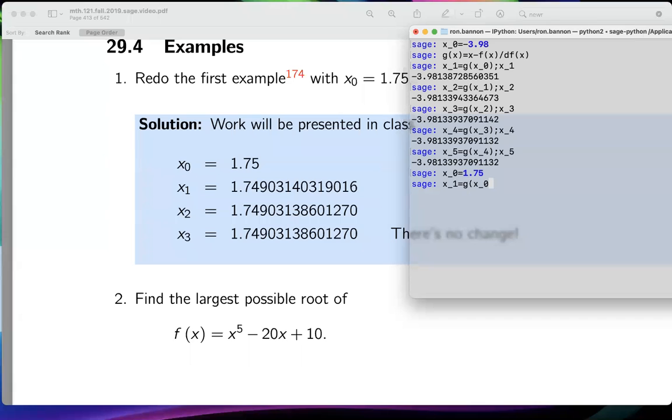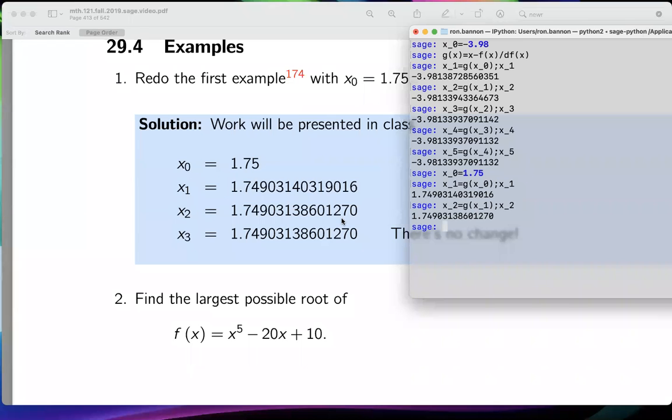I would like to display x1. And let's see if we got it. Yep. Let's do x2. What's that? It's g of x1. And I would like to display x2.